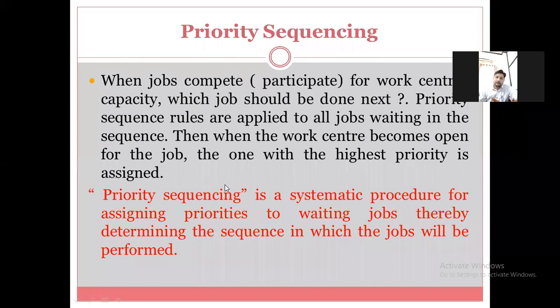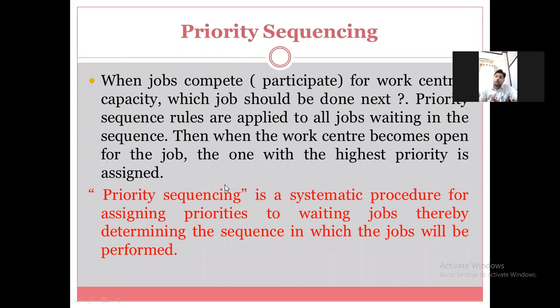In that case, 7 to 8 jobs will come to one workstation only.